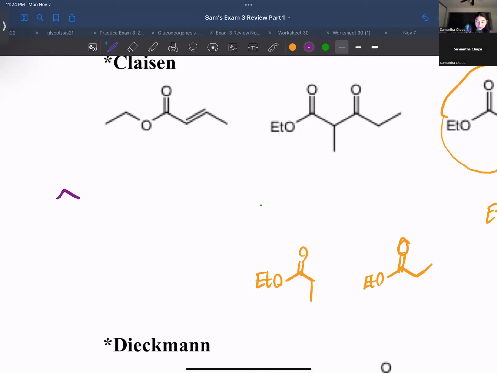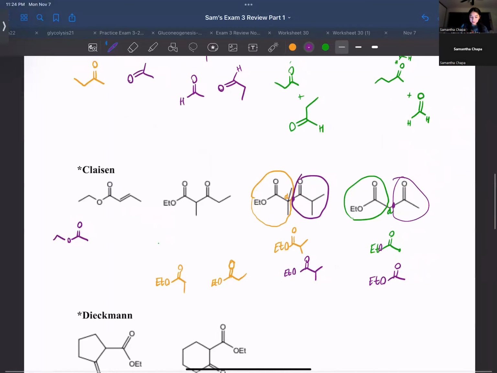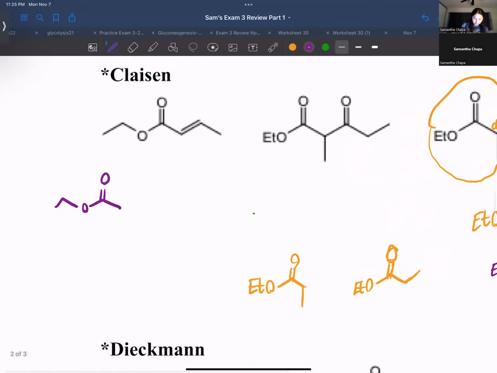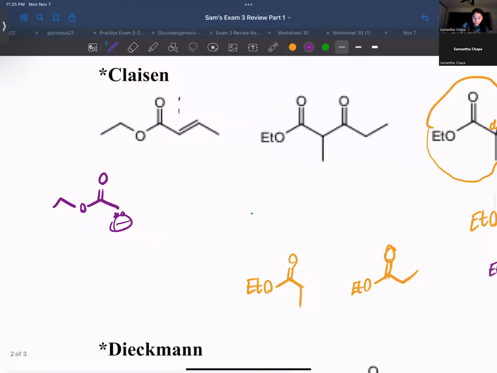So then I have my ester group right here, which we said we have an ester group, we can add anything to it. Oh, and that's what made it confusing. So this one's a bit like the one that we did up here. This is the alpha carbon that we would deprotonate right here. And so remember, you find your alpha carbon, you split it in half.